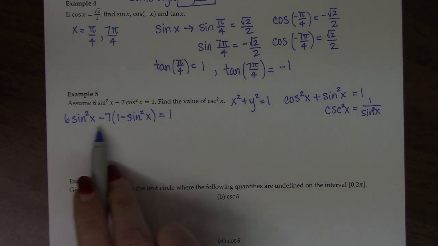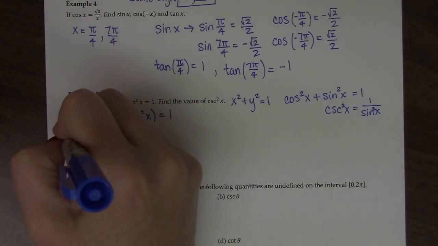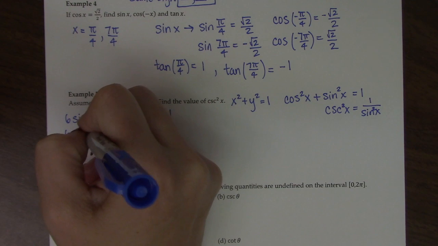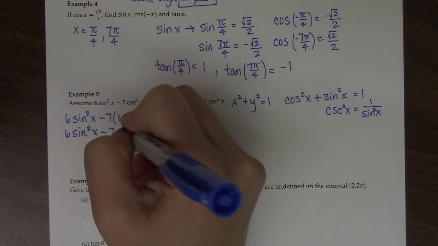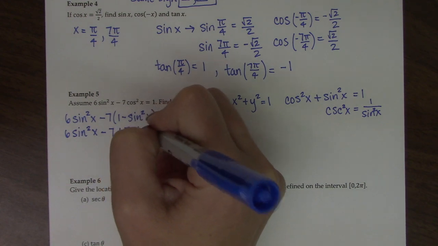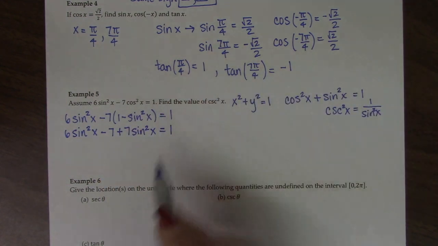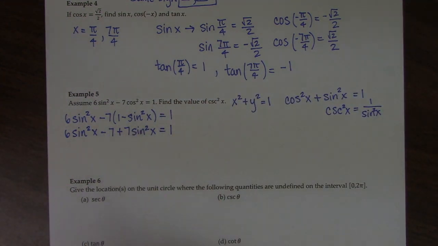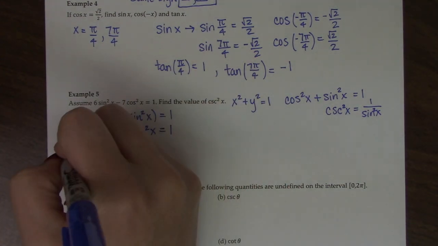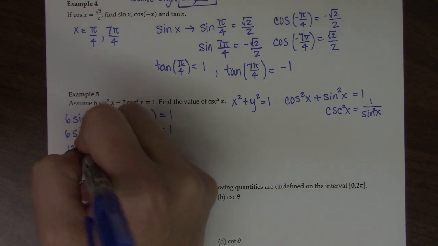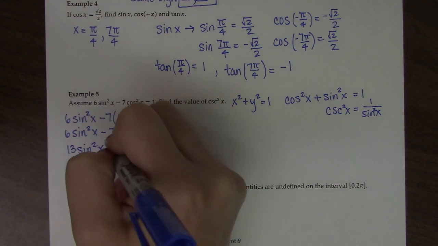Now I'm going to distribute out the 7. So 6 sine squared x minus 7 plus 7 sine squared x equals 1, because it's negative 7 times this negative sine squared. I have a 6 sine squared and a 7 sine squared, so that's 13 sine squared.